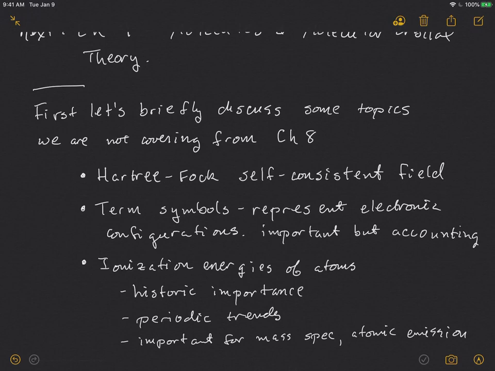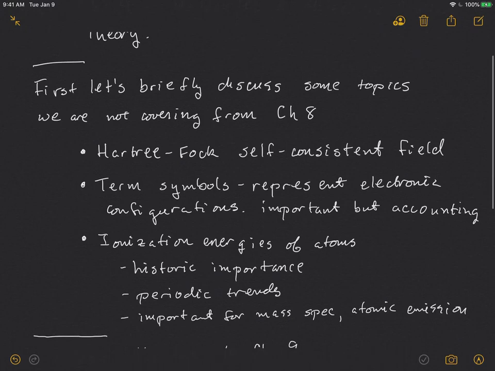Another thing that we're going to be dropping from these lectures, that I typically don't cover, is term symbols, which is a way of representing complicated electronic configurations in a nice compact form. This is very useful for making tables of the relative energy levels of different excited electronic configurations. And this is important.